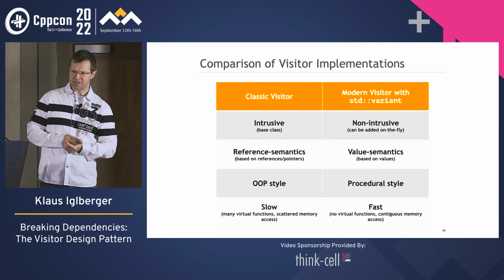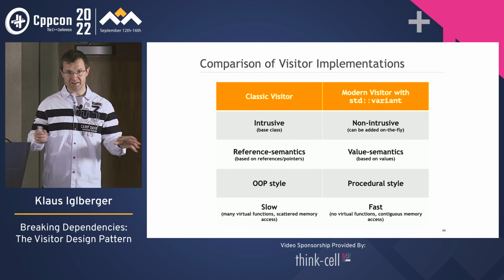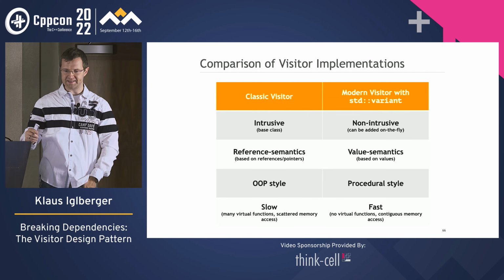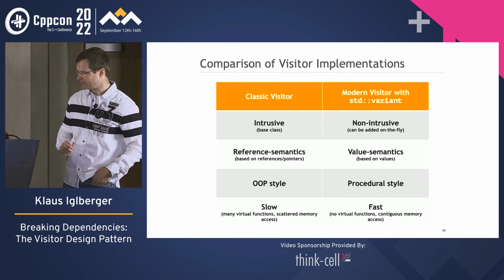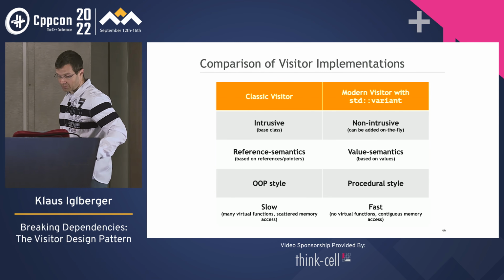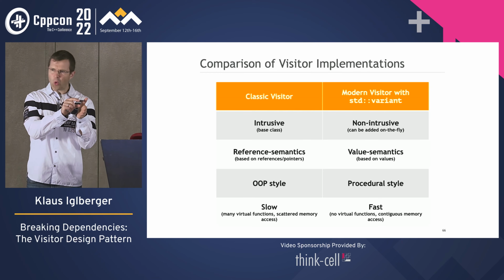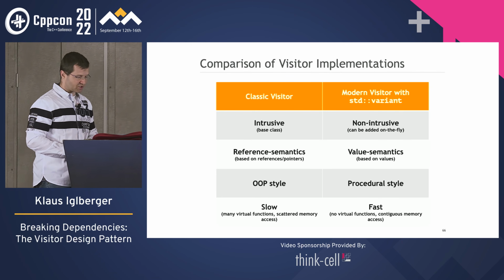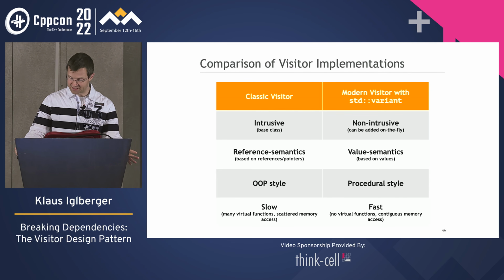The classic visitor was kind of slow because of the many virtual functions, also the scattered memory access because everything was allocated manually and all over the place in memory. Whereas in the modern version, there's not a single virtual function, not a single pointer. And also you didn't see any allocation. This is why all of the data is just in this vector, which is from a memory perspective, the absolute optimum. So it is fast.